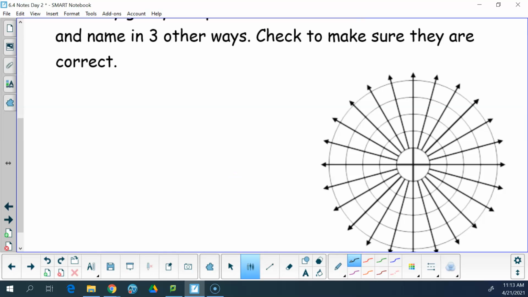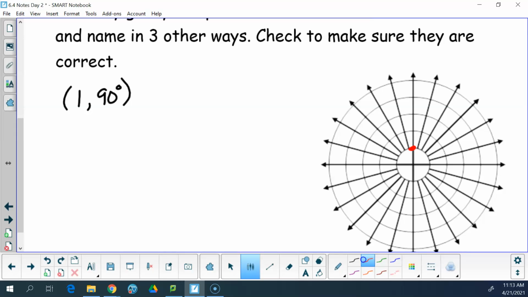So our original polar point was 1, 90 degrees. If I were to graph that one, that would be located right there. Correct? So I need a positive, which I already have. I need a positive, negative.